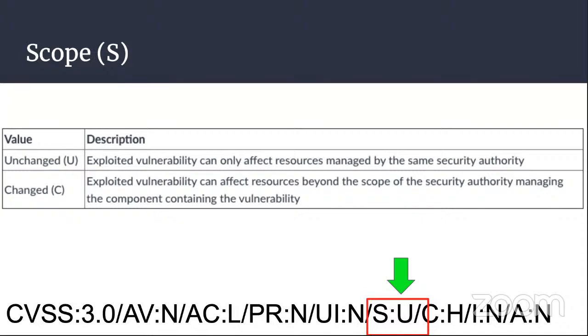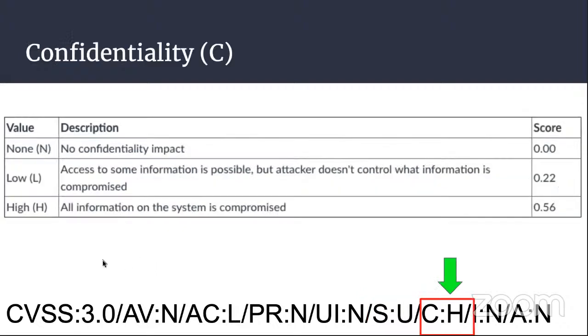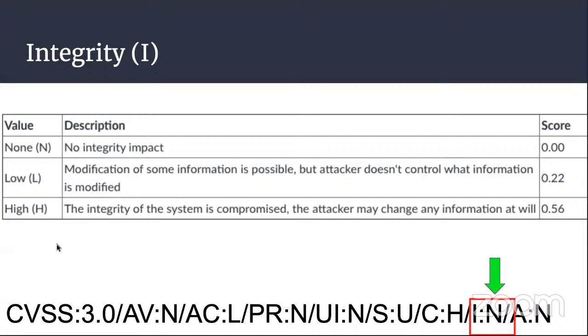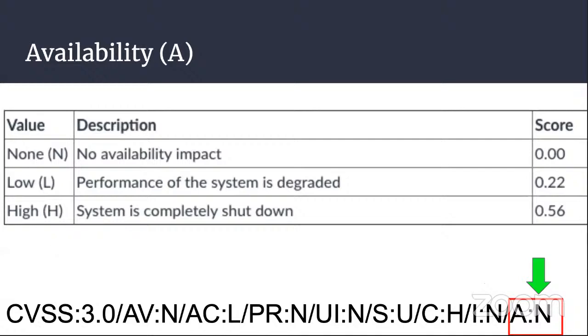While it doesn't have a score, the value is reflected in the values of the privileges required. Right? Does it change the machine? We also have confidentiality, which I think we talked about in week 1. So how it affects confidentiality, how it affects integrity, and how it affects availability.